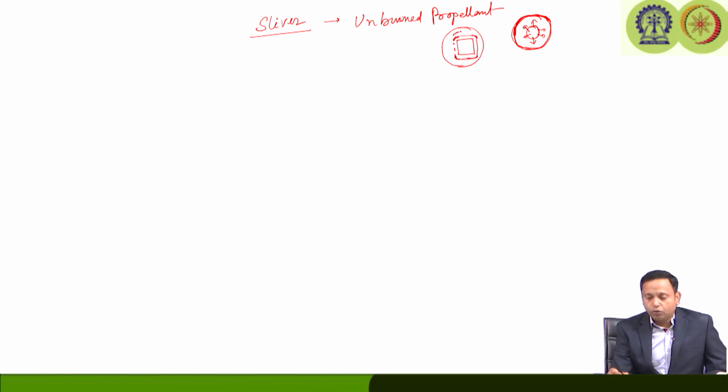It will keep on continuing like this until it reaches the final diameter. So, it will come like this, like this, like this. So, there is a chance that some amount of propellant will remain unburned after the burning of the main part of the propellant. That unburned propellant is called sliver.